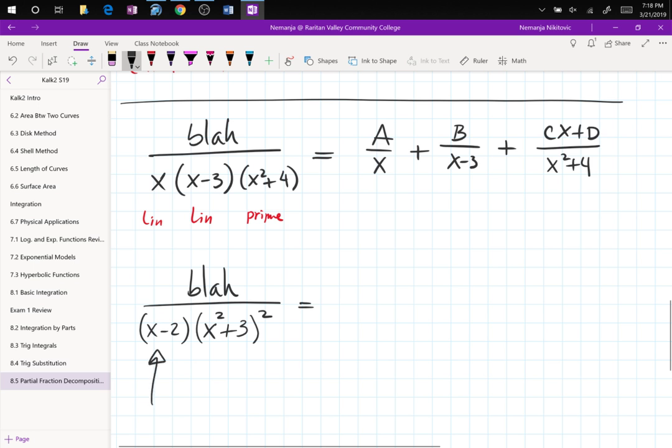What's the first one over here? First case, linear, so A over x minus 2. Great. How about this one? It's the last one, fourth case, yes. So you are going to write 2 of these, right? Excellent.